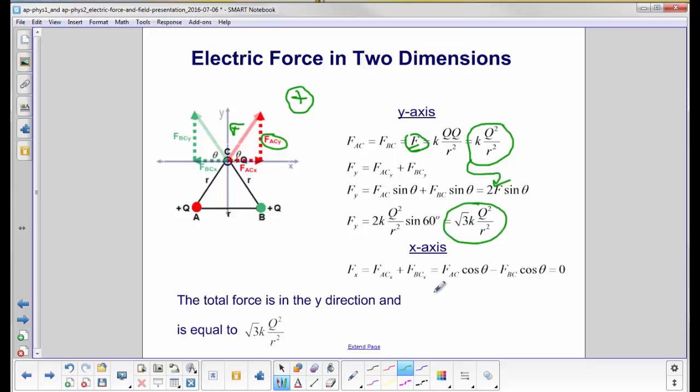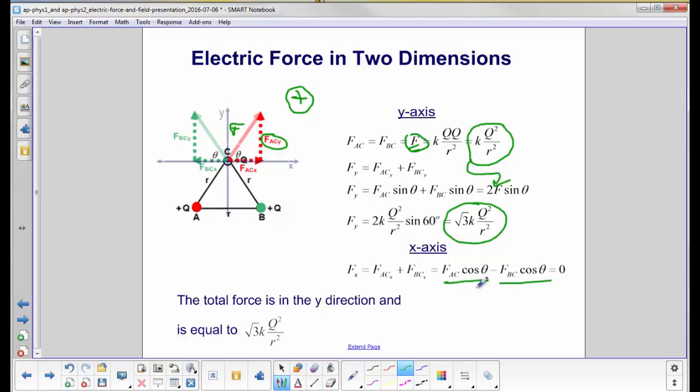The x-axis, as we already alluded to, is going to be 0, but let's do the math anyway. We have FAC times cosine theta in the x direction, and the x component due to charge B will be negative because it's going to the left. So that's minus FBC cosine theta.